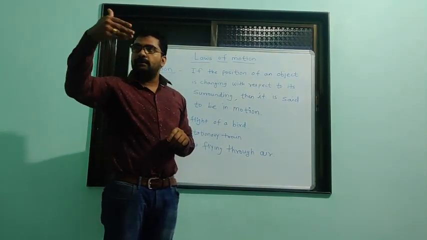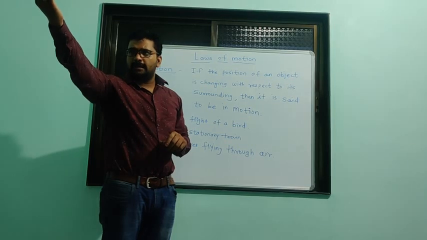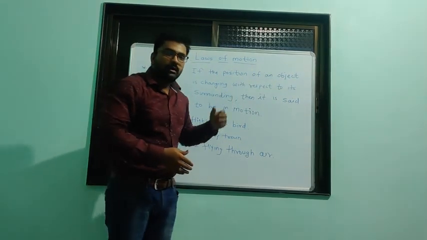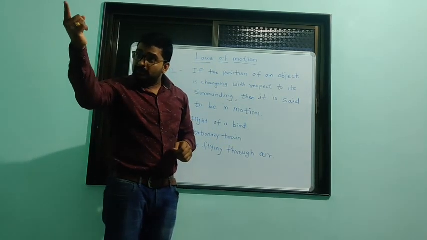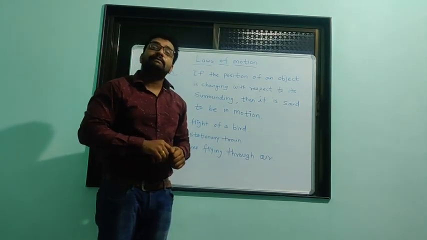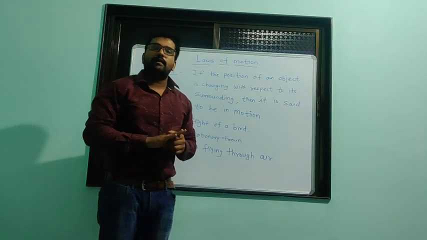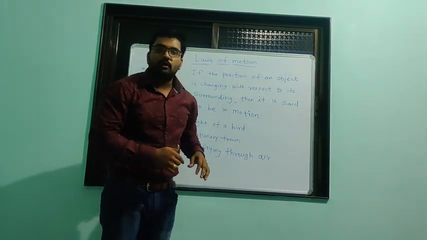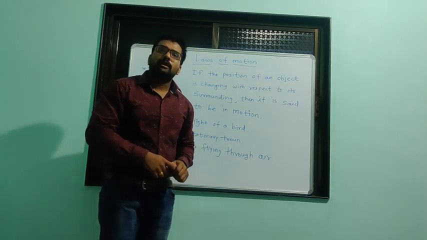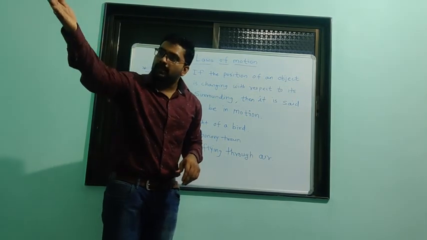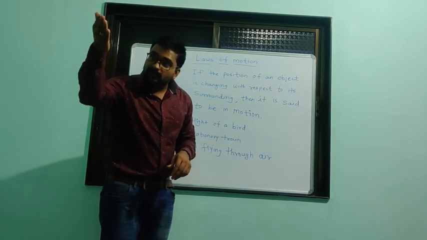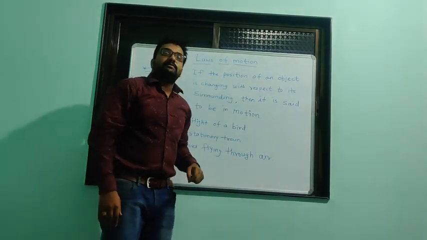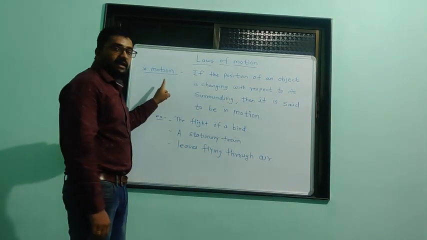One vehicle is very far away from us, comes near to us, and then goes away from us. The position of that vehicle changes. First it is very far away, then it comes near to us, and then again goes far away from us. So continuously, with respect to the surrounding, with respect to us, the position of that object changes. Such a case is called motion.